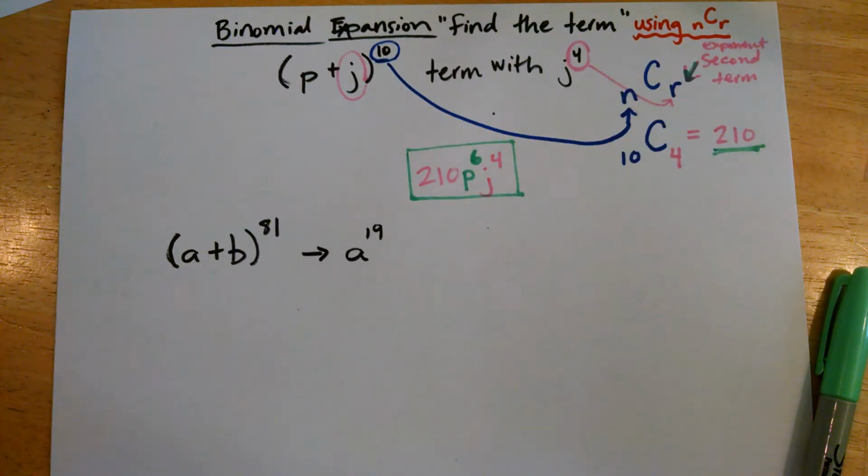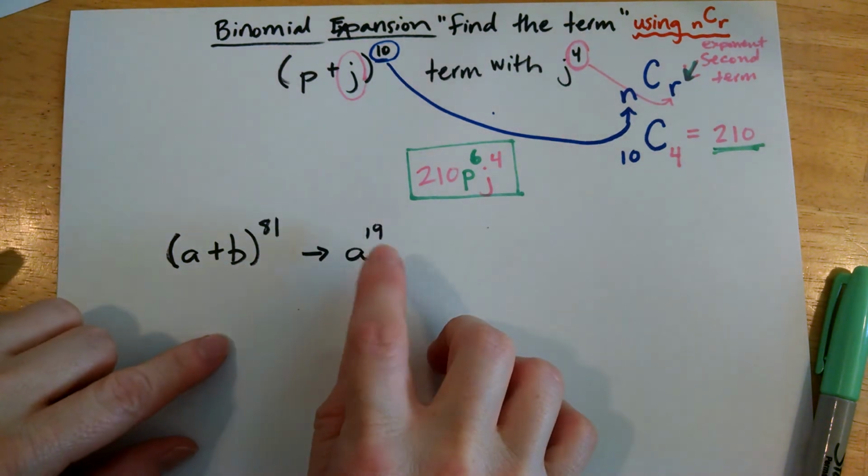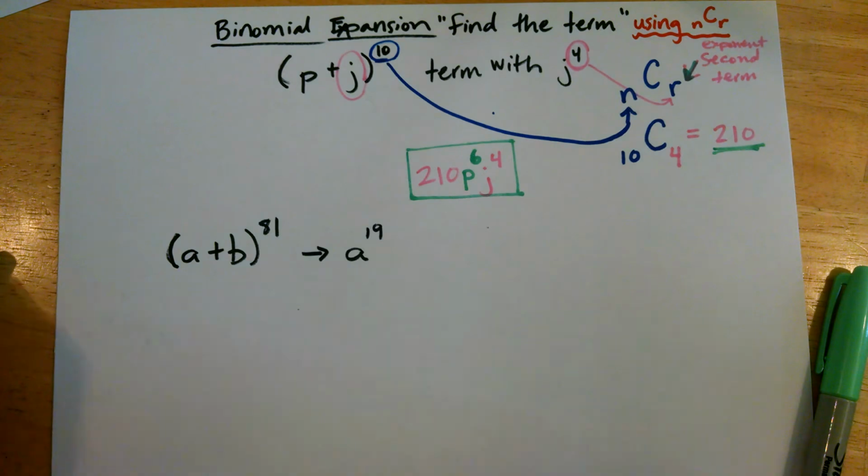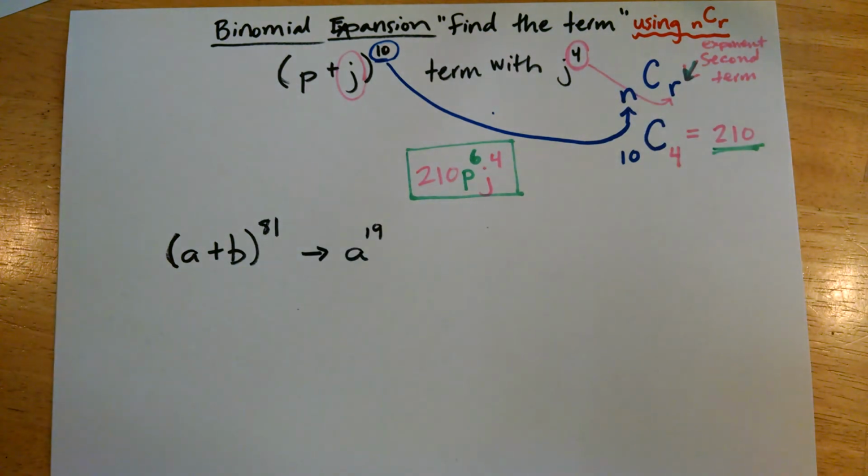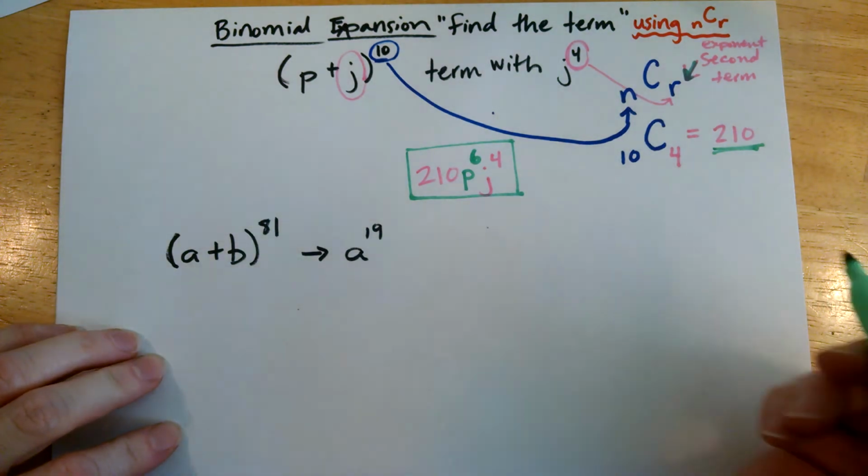Okay, so let's try another example. We have a binomial here. We're raising it to the 81st power, and we're looking for the term a to the 19th. Again, we're going to use the NCR in our calculator to figure out what the coefficient would be.